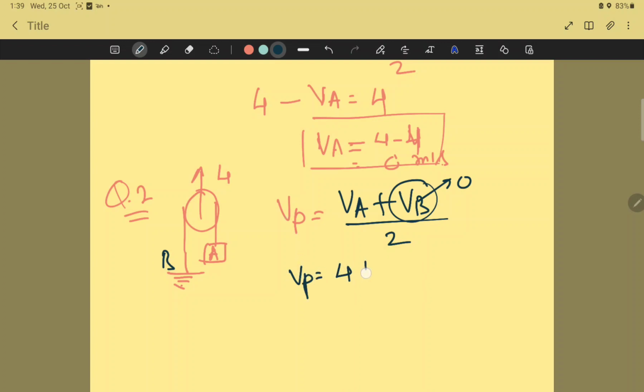Vp is given as 4 in the upward direction. So 4 is equal to Va divided by 2. So Va looks like 8 meter per second. In which direction? Upward direction, because the sign comes out to be positive.